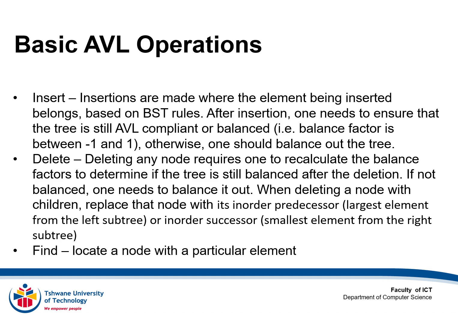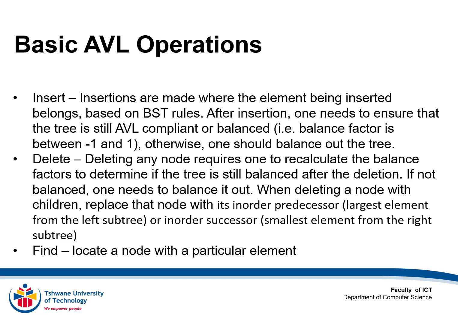Now, with a deletion, deleting any node will at the end require you to again calculate the balance vector to determine if the tree is still balanced over the deletion. If it is no longer balanced, you need to balance it again. Now, this principle I've spoken to before.